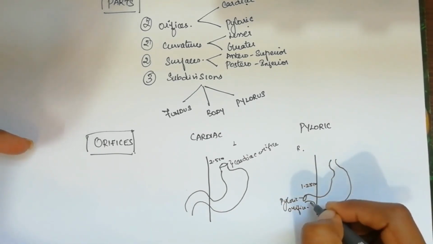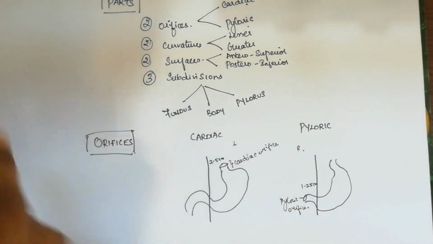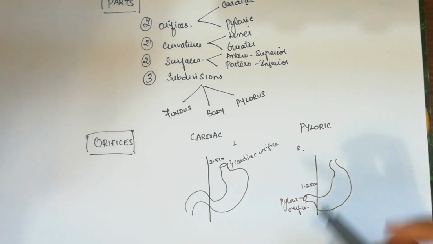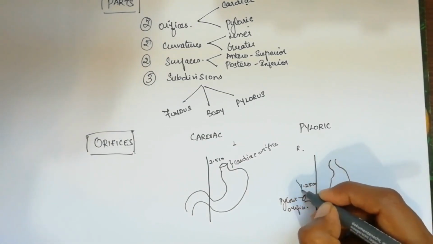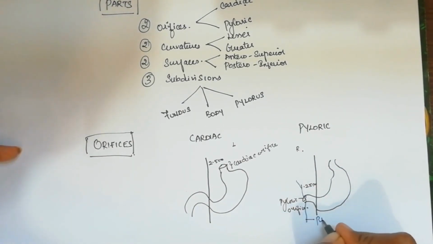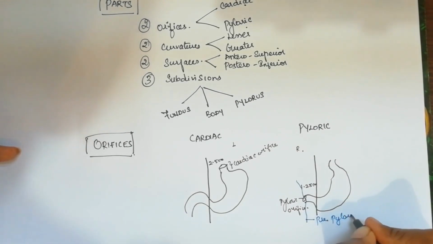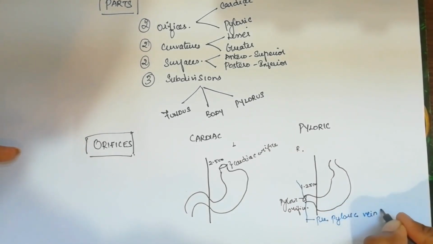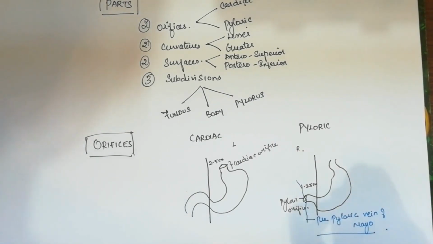This pyloric orifice in living condition is identified by means of a vein passing above it, called the pre-pyloric vein of Mayo. This vein is seen in living condition, not in a cadaveric condition.